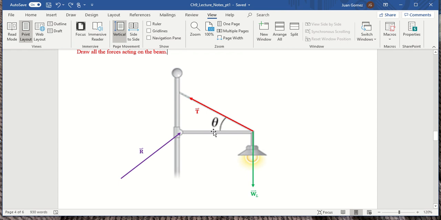Here's the support beam. I'll start at the right end and I'll go right to left. Well, here's the tension force in the cable. Remember, the tension force always acts away from the object but along the rope, cable, string, what have you. So the red arrow, that's my tension force T. Remember, the support beam is massless, but the floodlight is not.